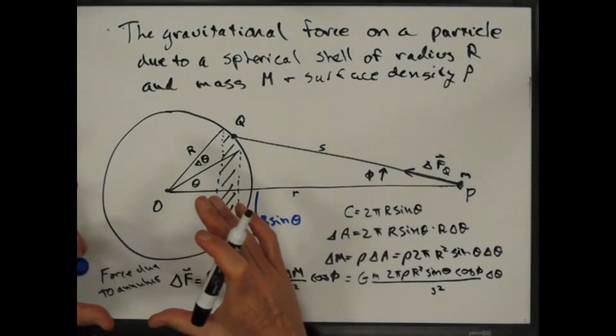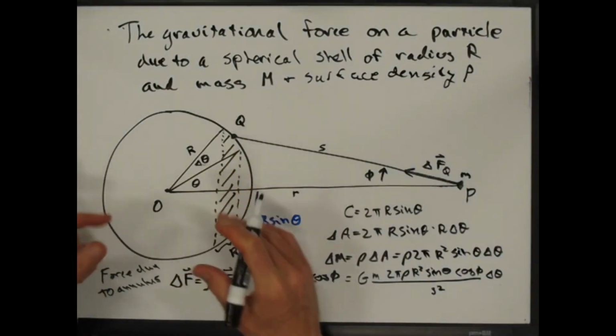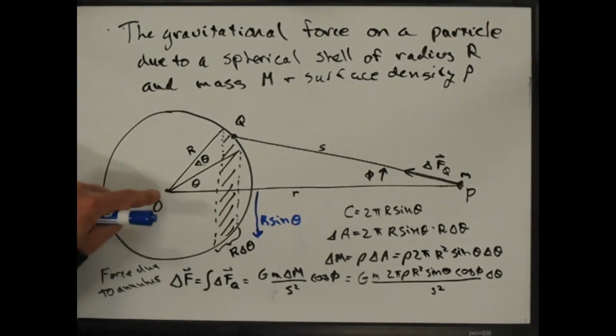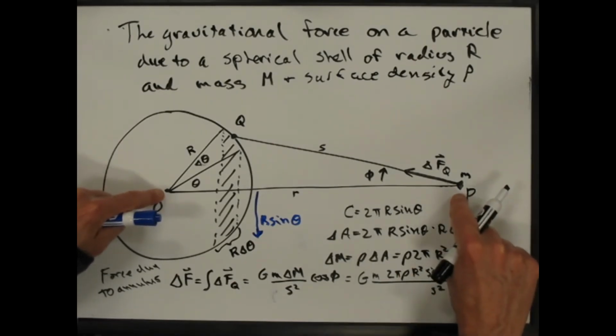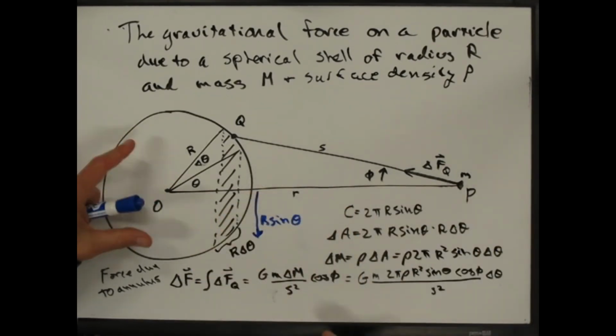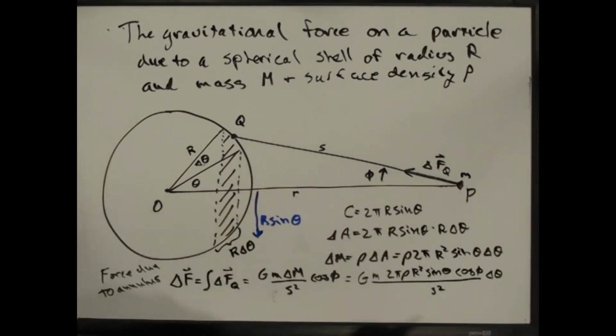So it's a hollow shell, and what we're going to show, not on this screen but on the next one, is that we can treat it as though all the mass is centered here with regards to this particle. This particle just will see the whole shell as a single mass, with the mass of the whole shell centered at this point.